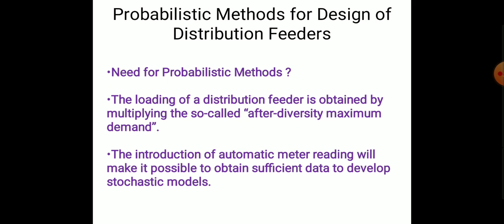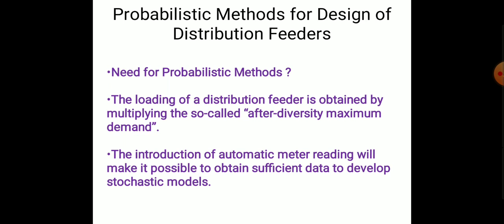So the amount of distributed generation that can be connected is determined by the lowest amount of consumption and the highest amount of production. So it is better to use the stochastic method. What is this stochastic method?